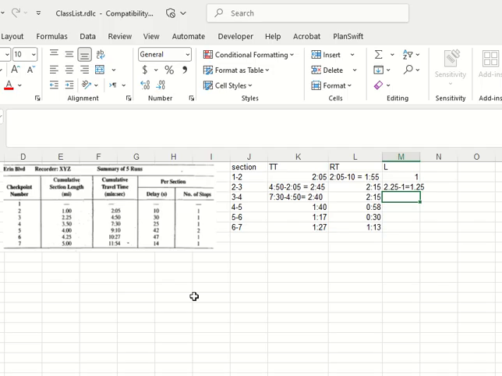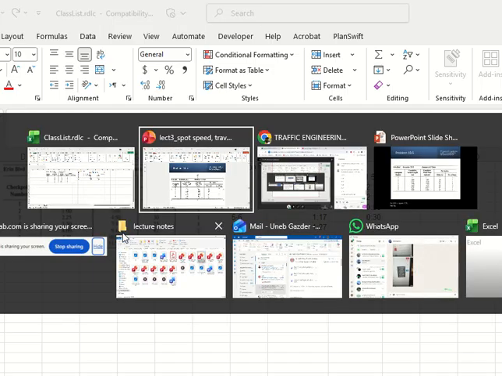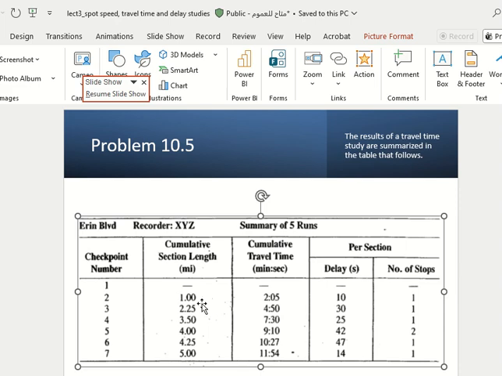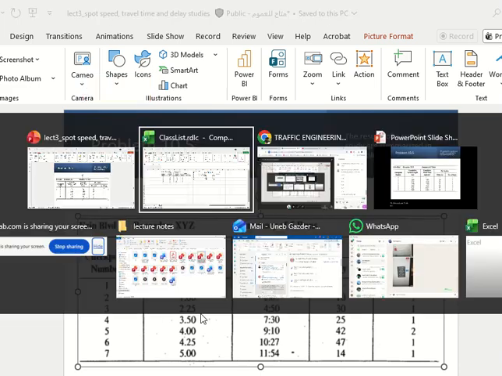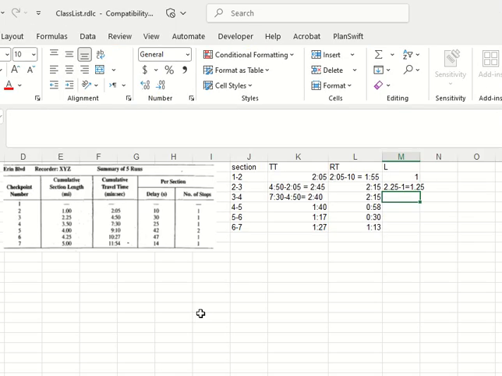Okay, the next one I'll do 3.5 minus 2.25, which gives me again 1.25.